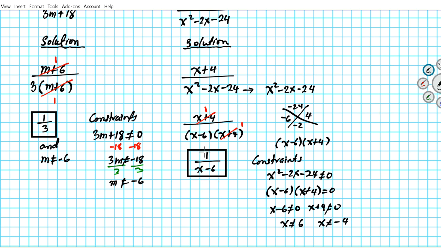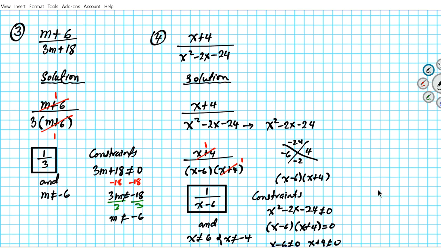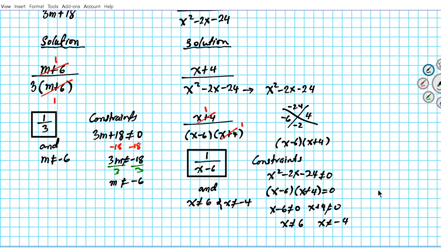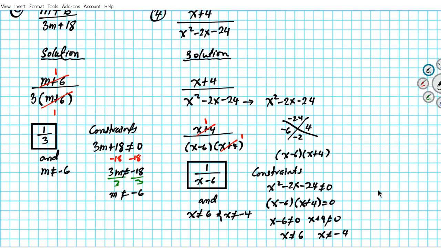So for our simplified form, this is a simplified form, and x cannot be negative 6. I'm sorry, x cannot be 6, and x cannot be negative 4 because these are excluded from the domain of the solution set. All right, so that's the answer for question number 4.